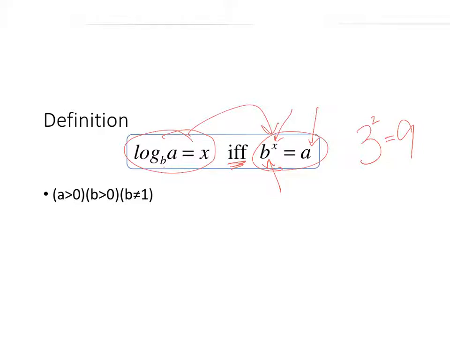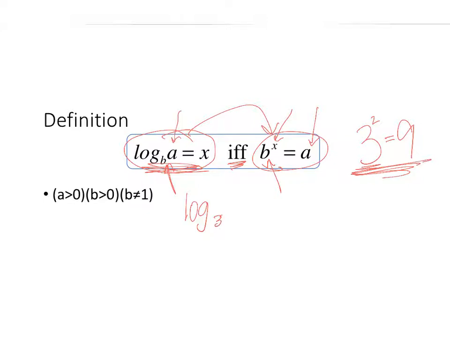You all know that 3 squared equals 9. So let's try writing this. That is a true equation. We're going to write it in what's called log form, logarithmic form. And all I have to do is get the right numbers, the 3, the 2, and the 9, into the correct spots over here. B stands for the base. So I'm going to write log, the base over here is 3.